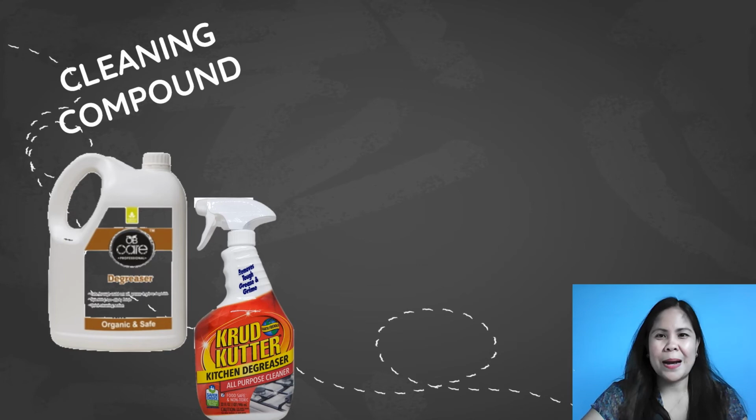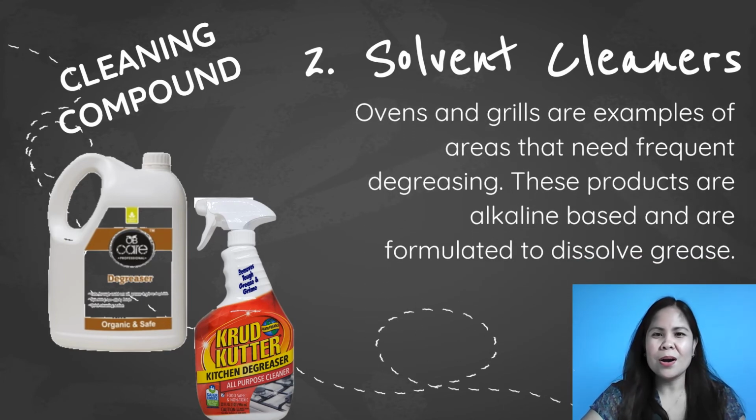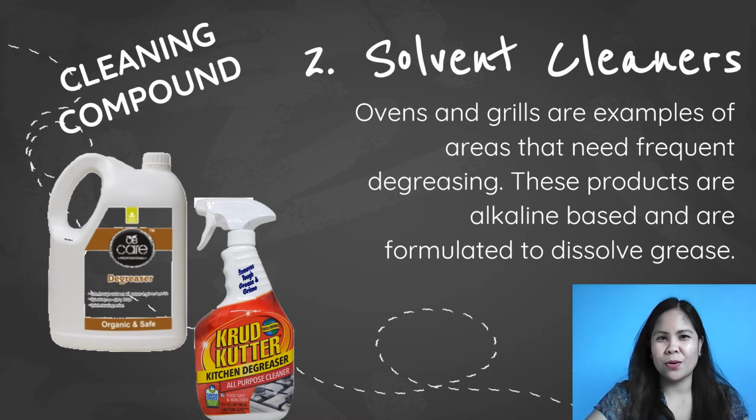Another cleaning compound is solvent cleaners. Ovens and grills are examples of areas that need frequent degreasing. These products are alkaline-based and are formulated to dissolve grease. Solvent cleaners are commonly referred to as degreasers, used on surfaces where grease has burned on.